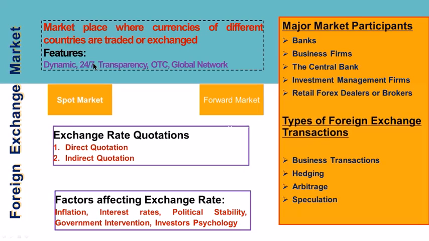And of course, if we are talking about a system, the basic requirement of a system is transparency. So that is there in the foreign exchange market. Transparency in price is one of the key characteristics of the forex market, and it got significantly enhanced with the introduction of online trading of currencies.